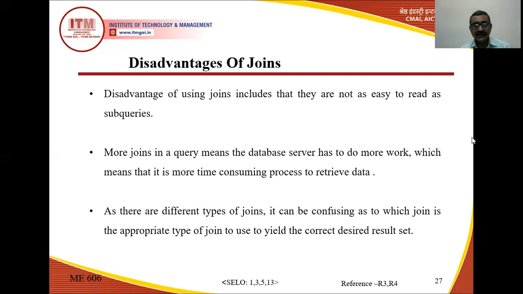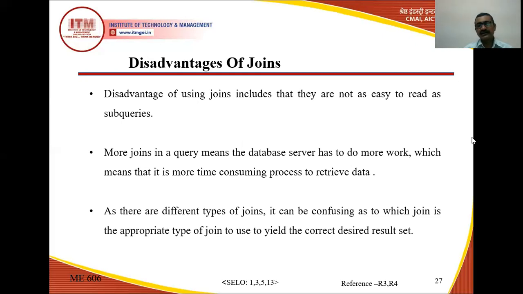Last one is, as there are different types of join, it can be confusing. The appropriate type of join must be used to yield the correct desired result set. If more than one type of join can be used, there is some confusion about which type of join satisfies which condition or desired result set.